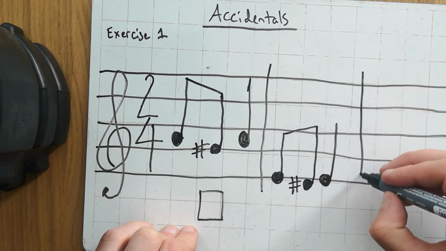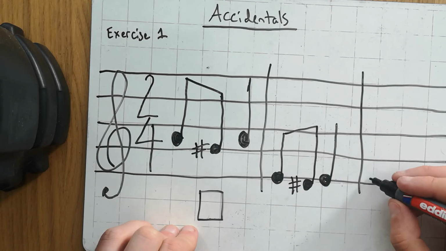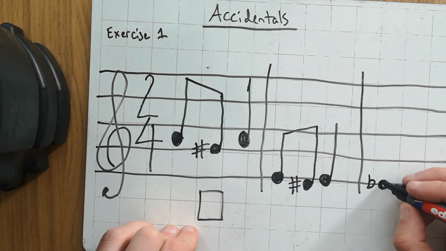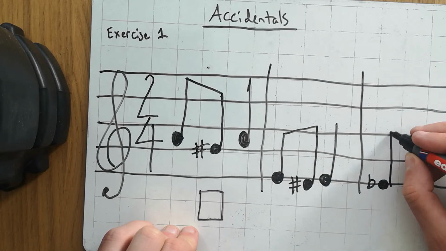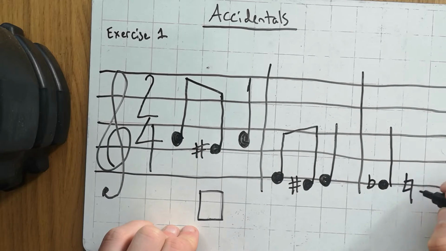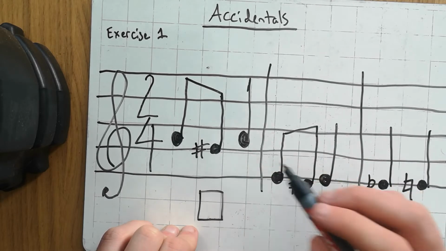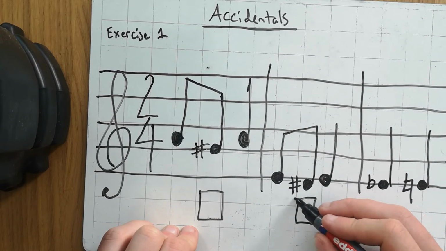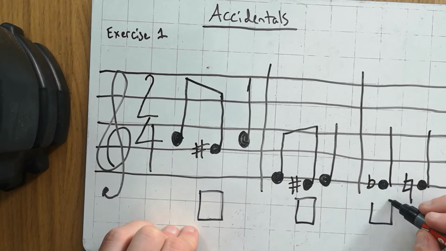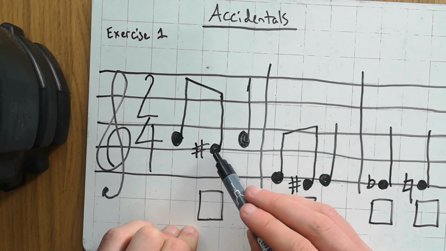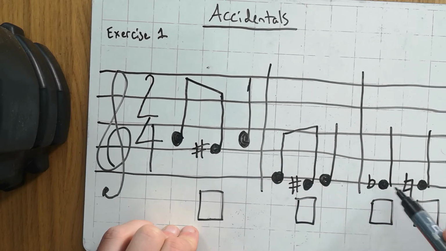There's a bar line, because we're at the end of 2/4. So I want you to work out this note here, and these last two notes here. So I've just put boxes. I just want you to write in and tell me what these 4 different notes are.